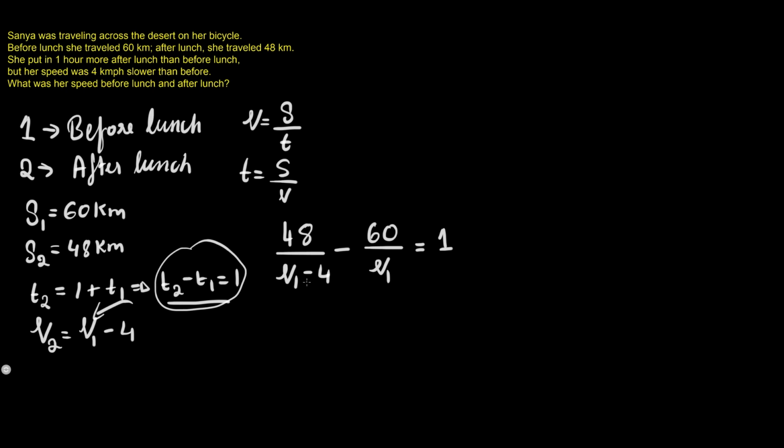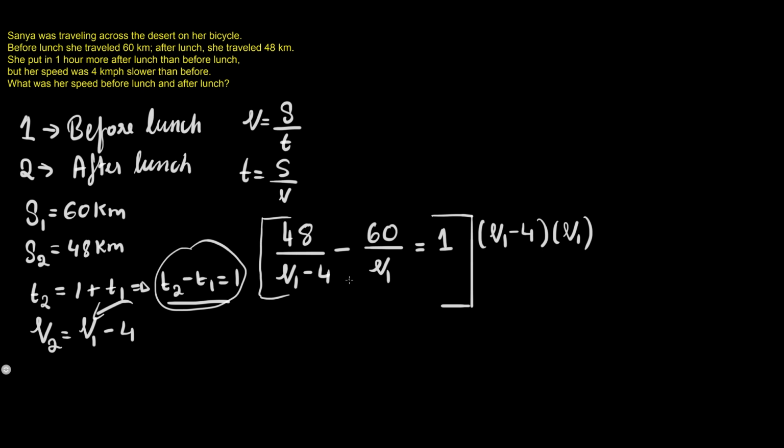While finding V1, I get a quadratic equation. So let's get the quadratic equation. What I'm going to do is multiply the entire equation by V1 minus 4 times V1. Why I do this is because I can cancel the V1 minus 4 and the V1 in the denominators, so I get these values up there and the calculation seems easier.